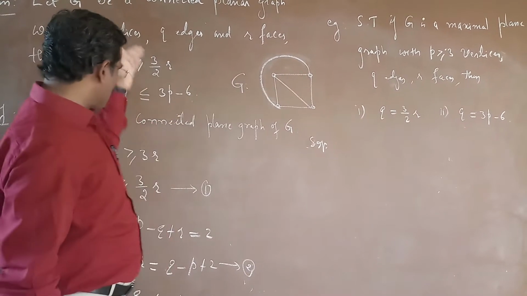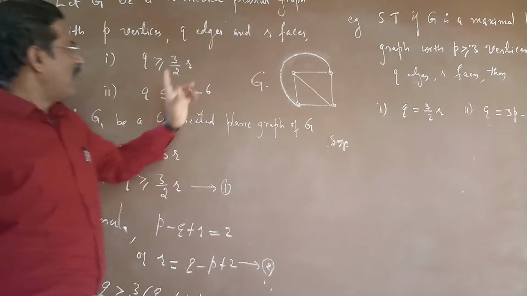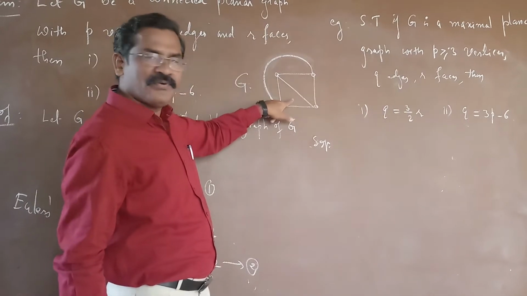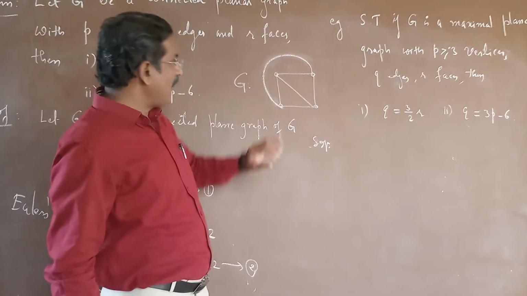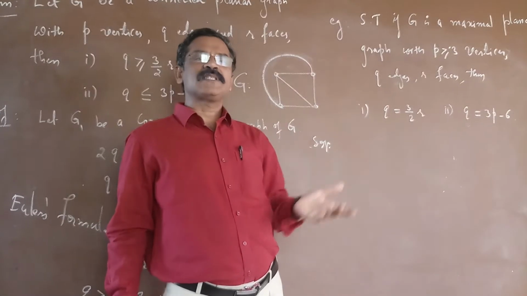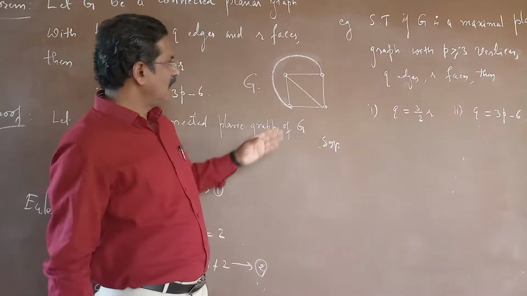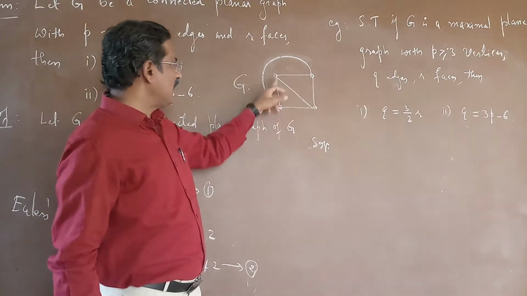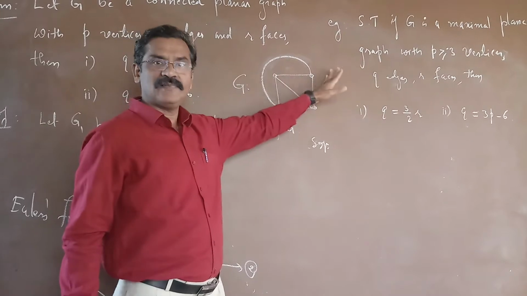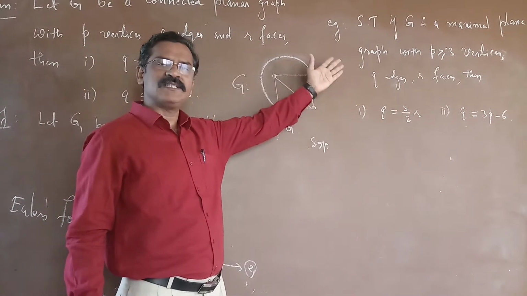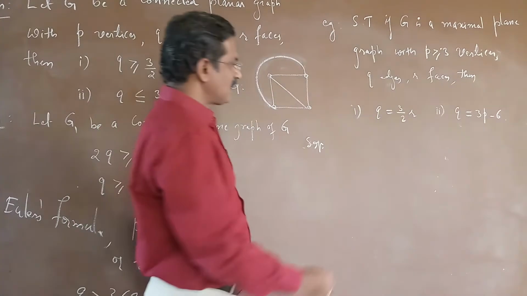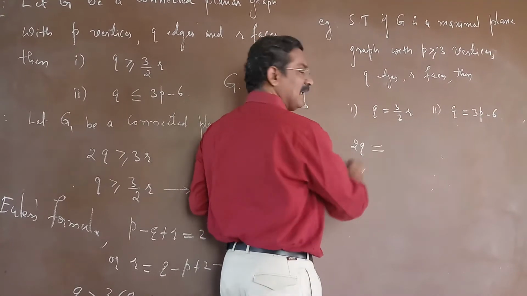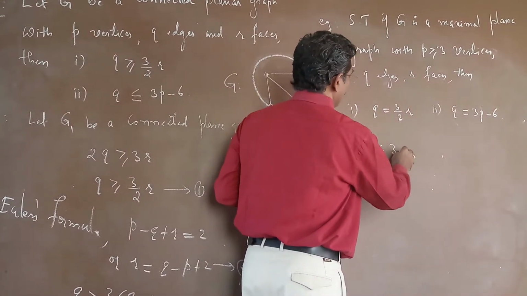So now again, as we have observed in this result, one edge is exactly on the boundary of two faces. And one observation we discussed in the previous class is that in a maximal planar graph, the boundary of every face is a triangle. So it implies 2Q must be exactly equal to 3R.